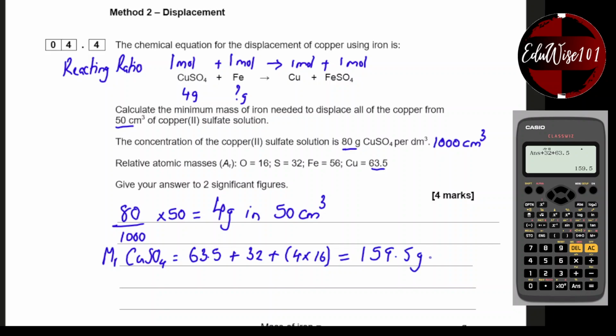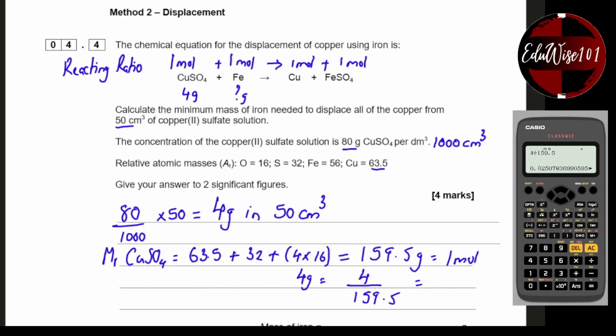So 159.5 grams equals 1 mole. So how much is 4 grams then? 4 grams equals, we would do 4 divided by 159.5. So 4 divided by 159.5.